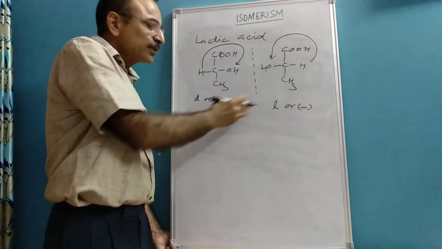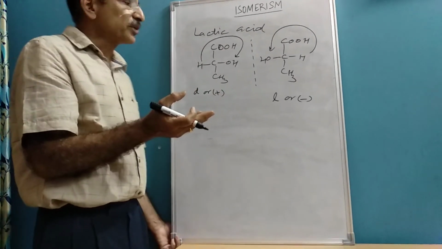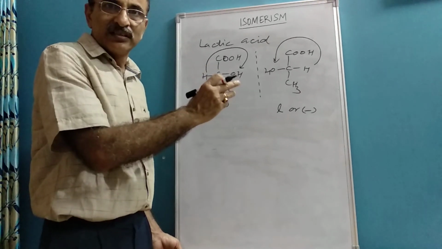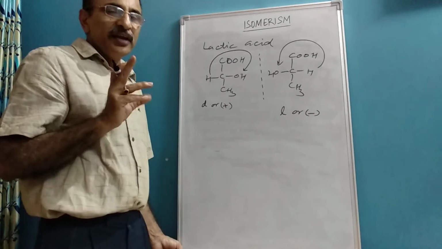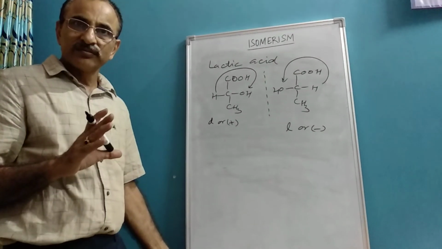Therefore, that mixture will have 0 optical rotation. There will be no optical rotation. That one is called racemic mixture. Racemic mixtures are equal amount mixtures of dextro and levo rotatory compounds.